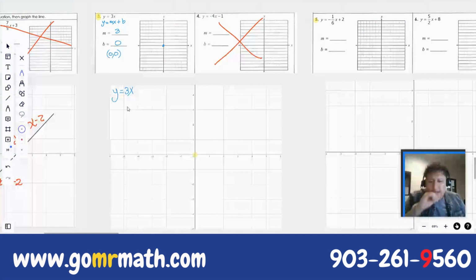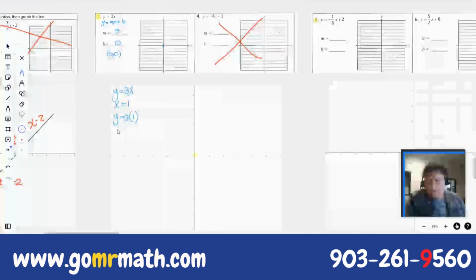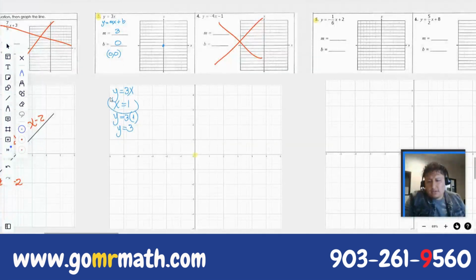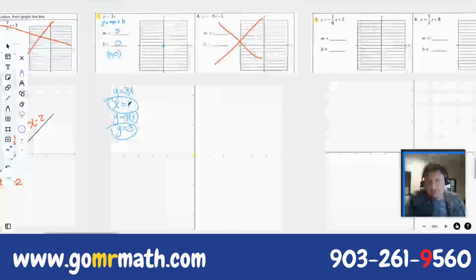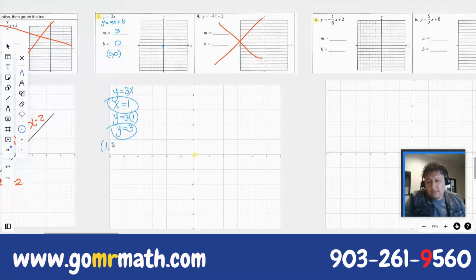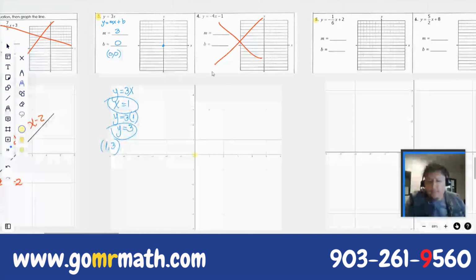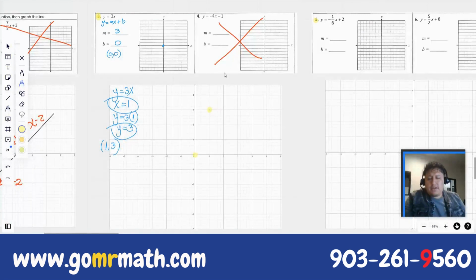What about when x is equal to 1? When x is equal to 1, y is equal to 3 times 1, so y is equal to 3. Look at the coordinate pair: when x is 1, y is 3. So this is the pair 1 and 3. The point is around there. Let's mark it clearly. 1, 3 is right there.